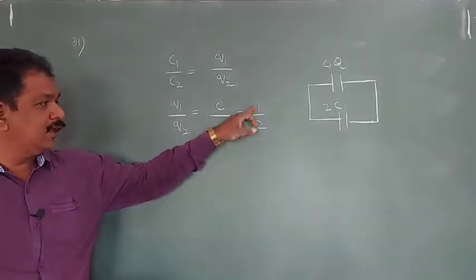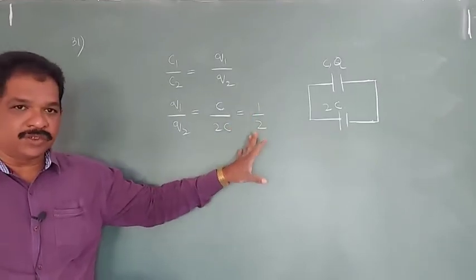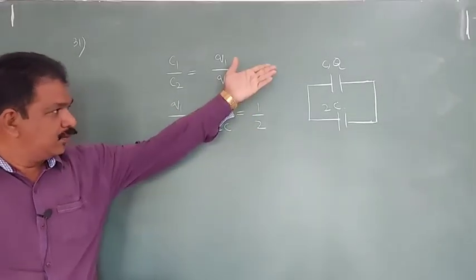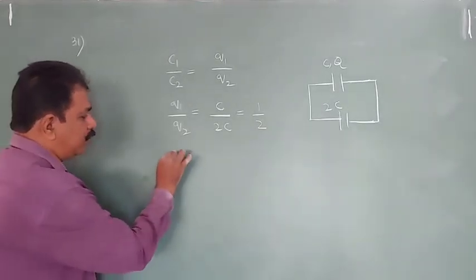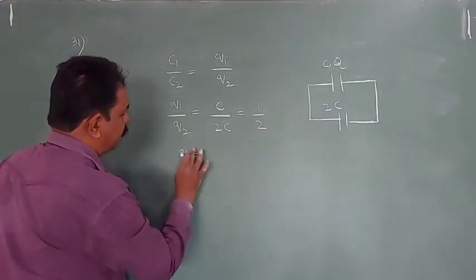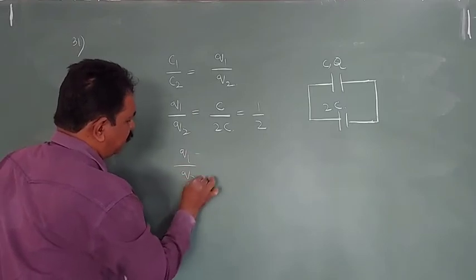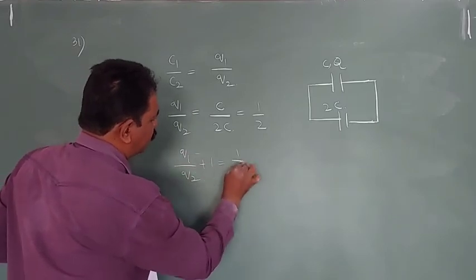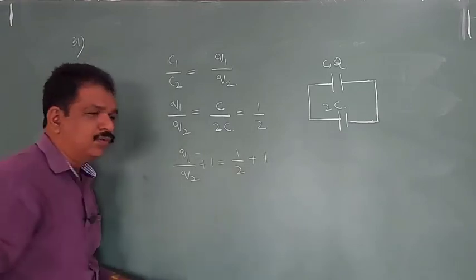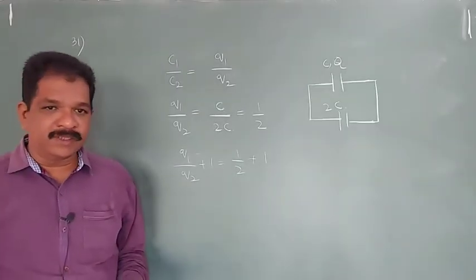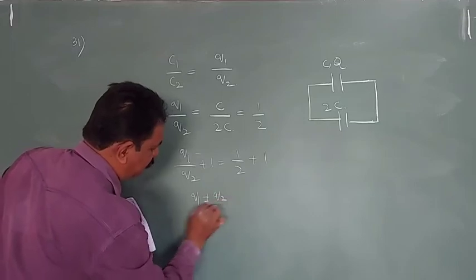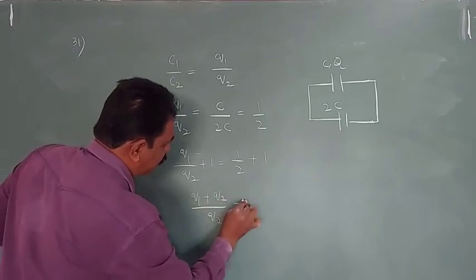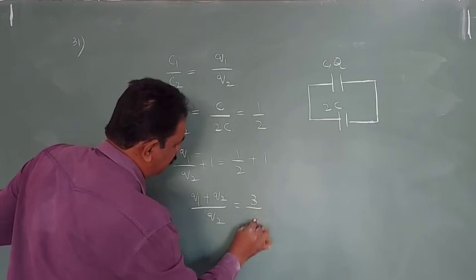Total charge is Q only, the second capacitor is not having any charge. Write one more step. Q1 by Q2 plus 1 is equal to 1 by 2 plus 1. This is Q1 plus Q2 by Q2 is equal to 3 by 2.